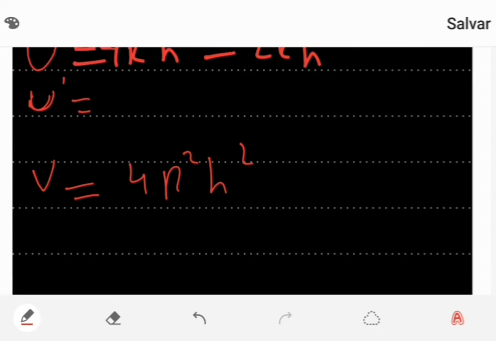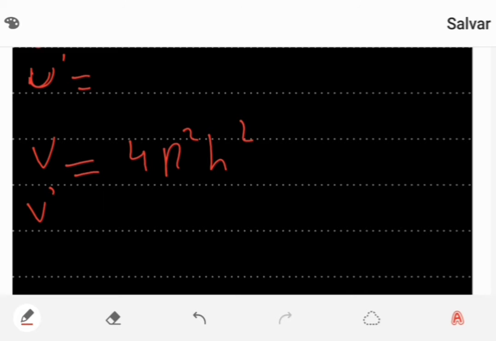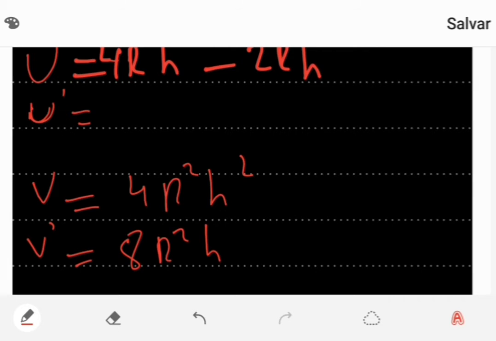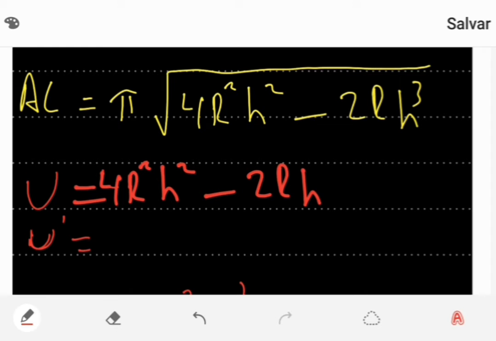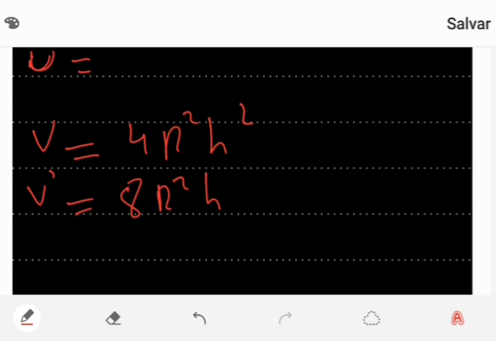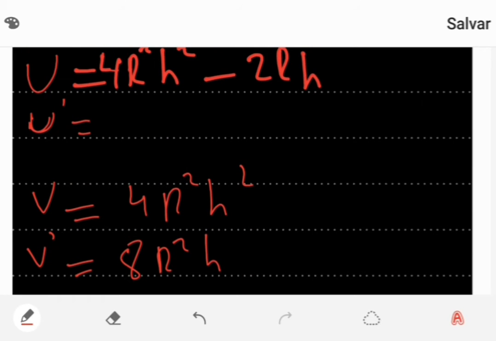So the derivative of V is equal to, now we have 2 multiplied by 4, which is 8R squared H. Yeah, this is it, 8R squared H. So I could have done it immediately.